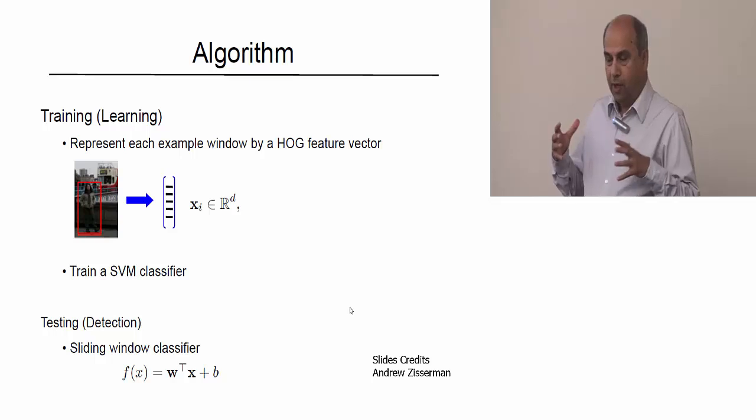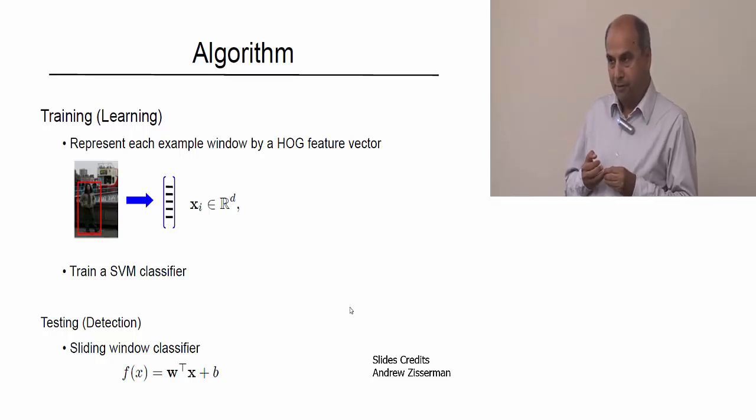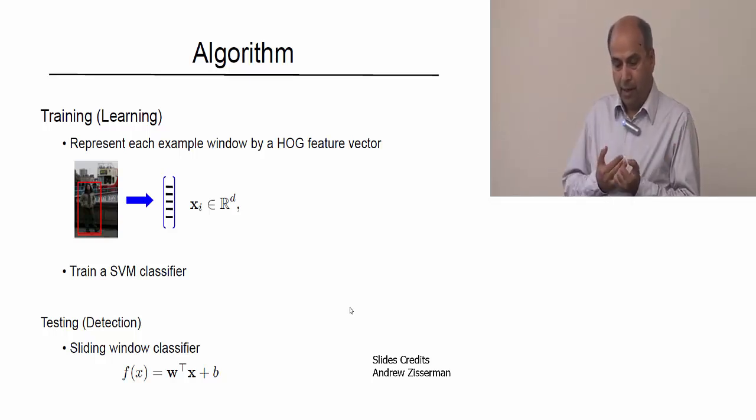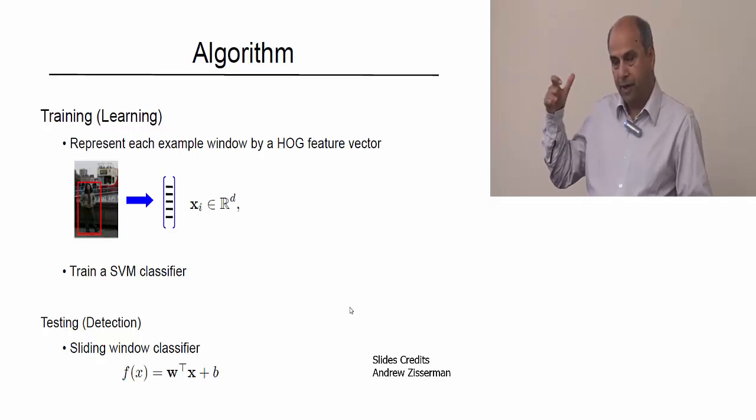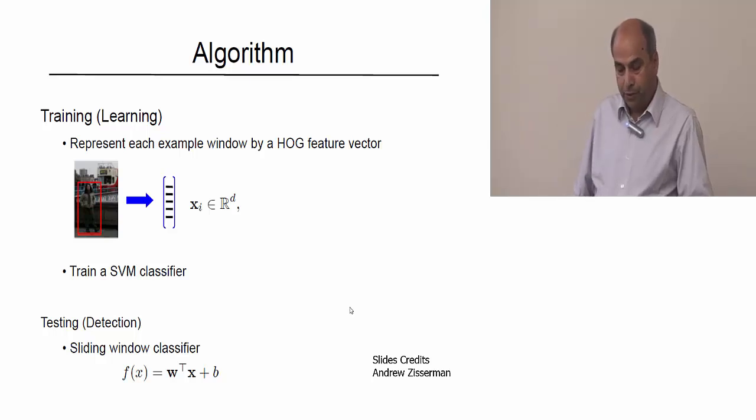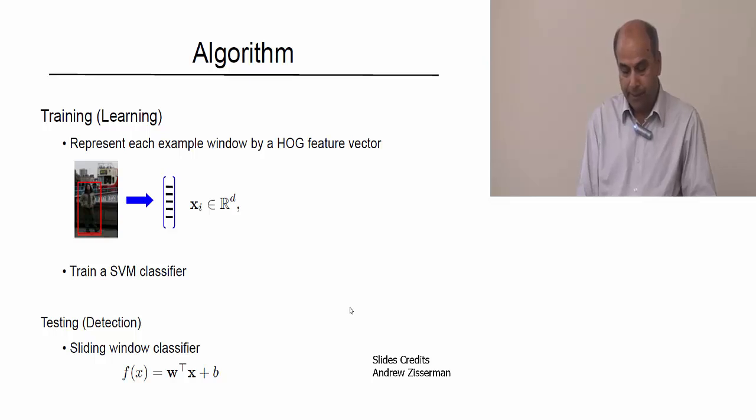What it boils down to is that we have a d-dimensional feature vector, and it can be HOG, it can be SIFT, it can be anything you want, but we are going to talk about it as a feature vector, and we learn the classifier based on the feature vector. What that means is that we are going to learn this hyperplane, W transpose X plus b.